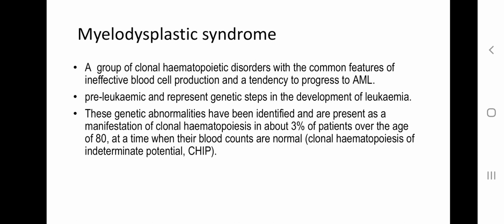Even when patients have a normal blood count, such mutations have been identified, and this is called clonal hematopoiesis of indeterminate potential. Such patients may progress to leukemia. So what you have to know is that myelodysplasia is ineffective hematopoiesis, a pre-leukemic condition.